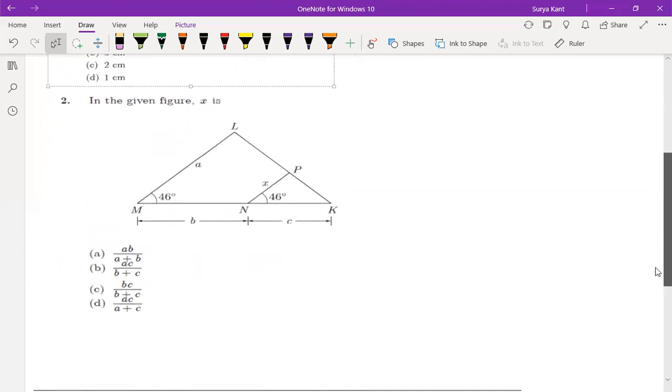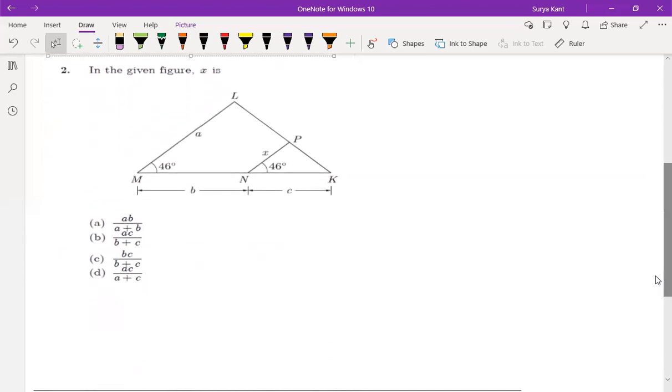The second question. Value of x in the second question. Tell fast.